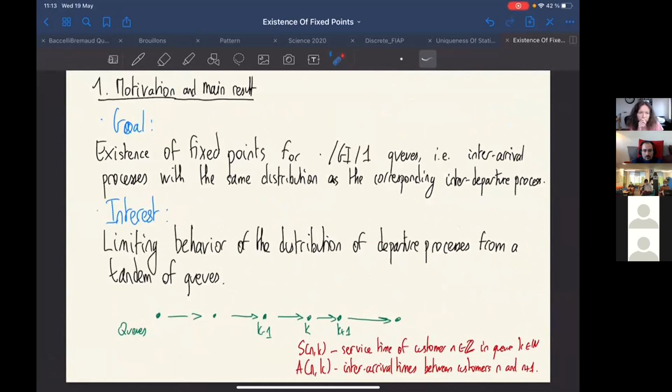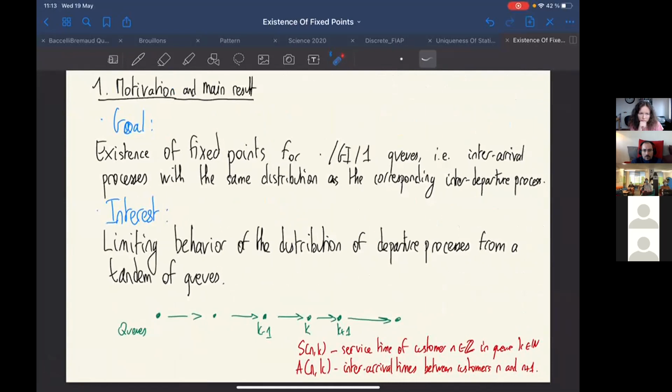Okay, so now let me restate, in a way that's going to be clearer, I hope, the goal of the results that I'm going to present. We want to study the existence of fixed points for GI/1 queues.